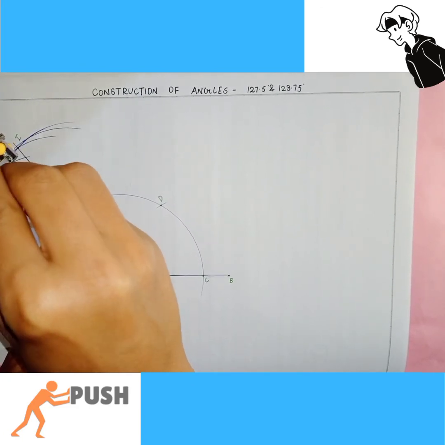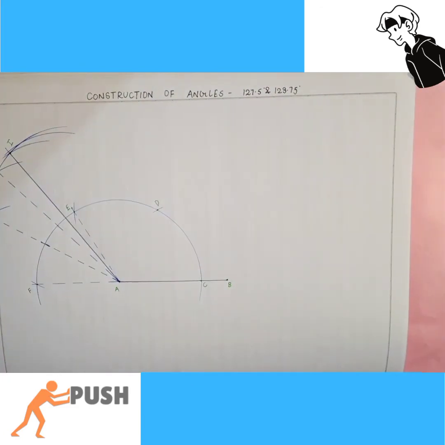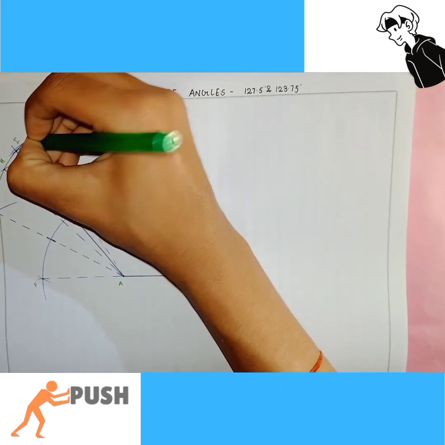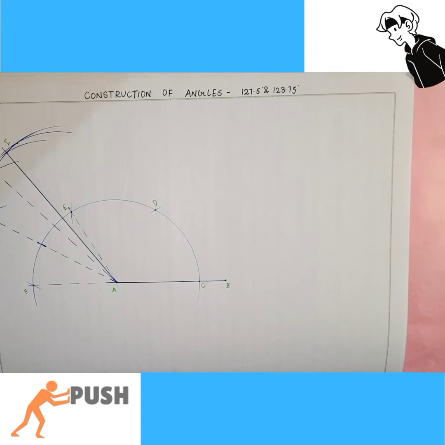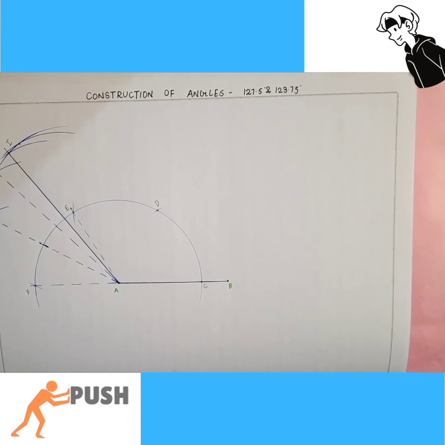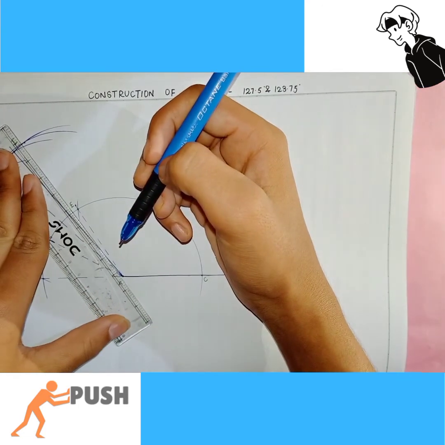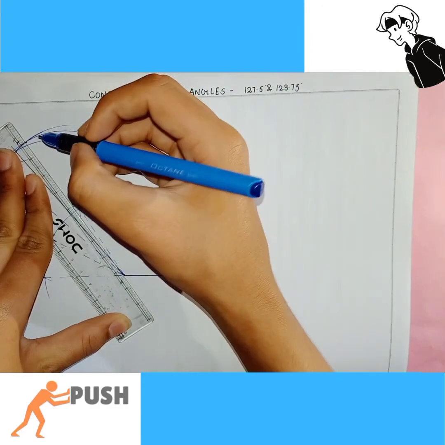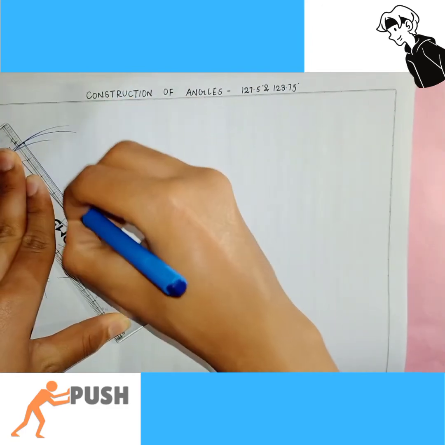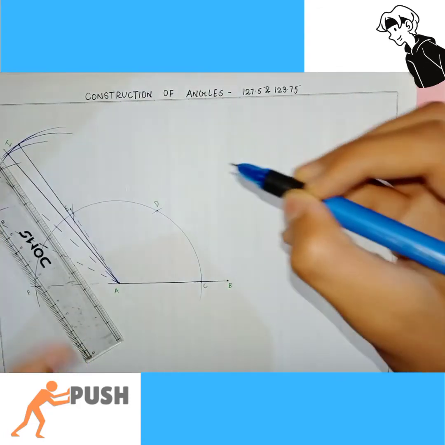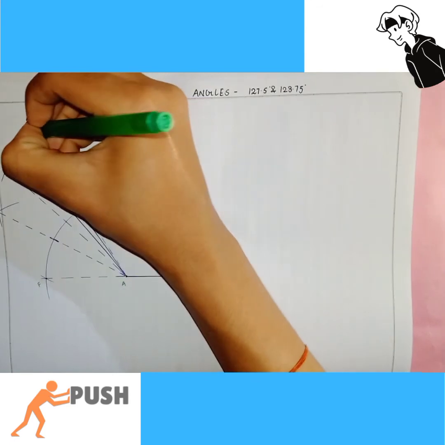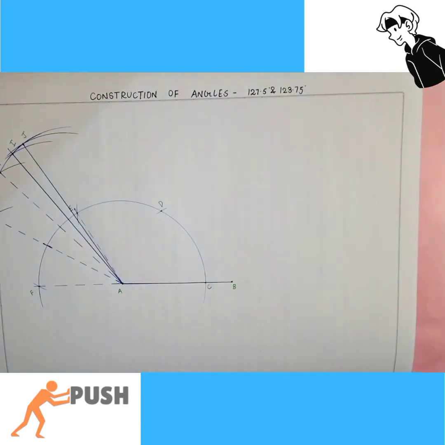It gets quite messy when you have to construct such smaller angles. Let's name it J, and we have completed the construction.